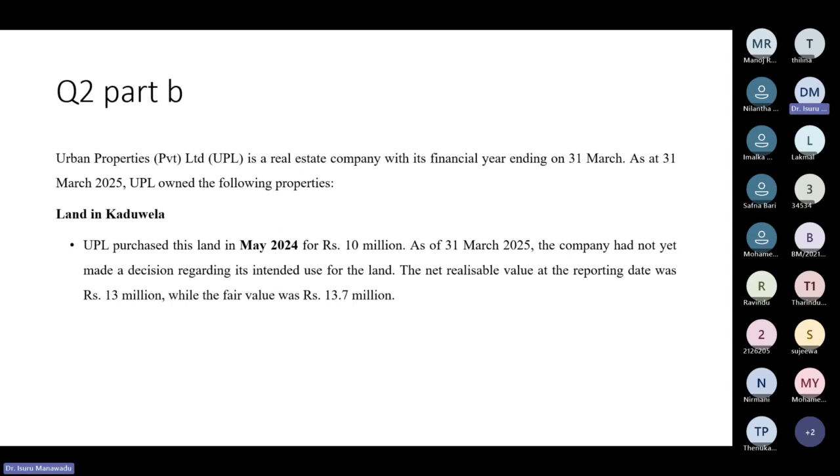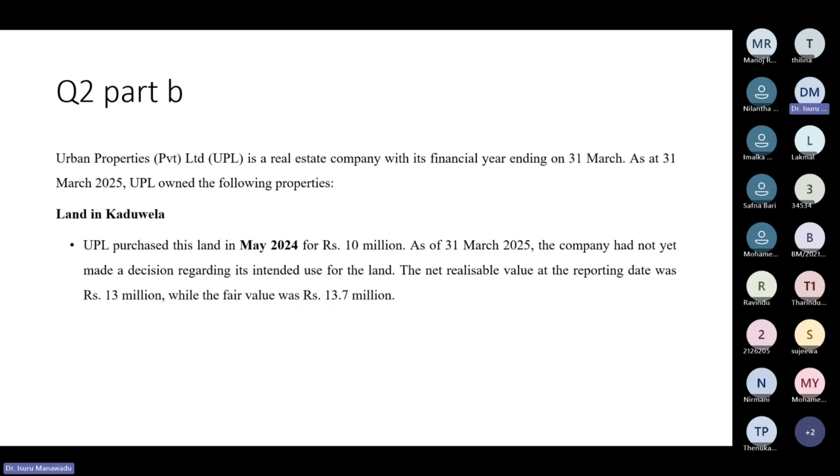As at 31st March 2025, UPL owned the following properties. Land in Kaduwela: UPL purchased this land in May 2024 for 10 million. That's the initial investment in the land. As at 31st March 2025, the company had not yet made a decision regarding its intended use of the land.